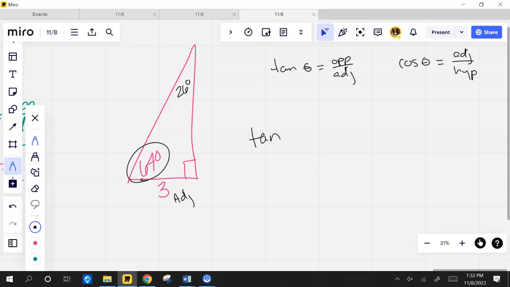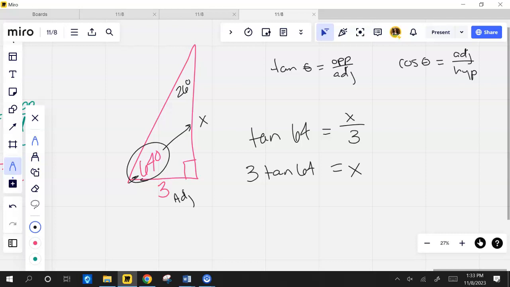The tangent of 64, and it matters where you're starting, right? I'm starting here, so now opposite, that's the one I don't know, right? I'm going to call it x. Over adjacent, which is 3. So I would probably take out my calculator and just do 3 tan 64 to find out what x is.